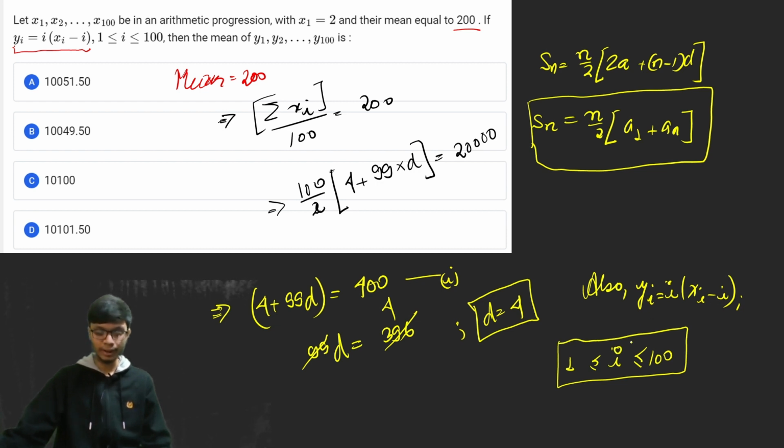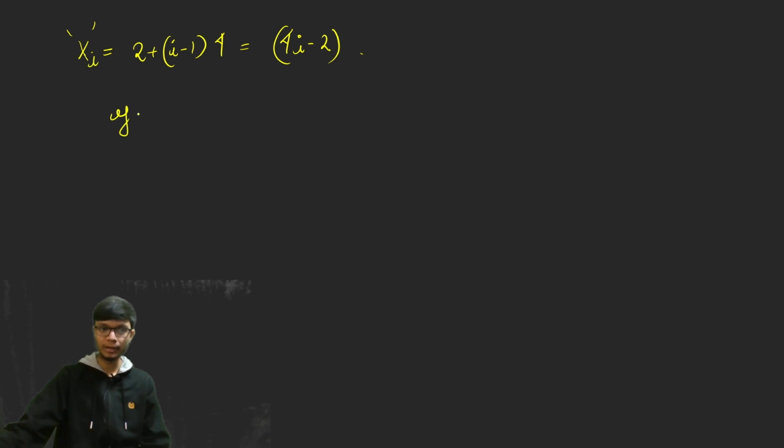Before writing yi, I can write xi, which is the ith term of an AP: first term 2 plus (i minus 1) into the common difference 4, which comes out as 4i minus 2. And from here yi will be equal to i multiplied by (xi minus i), that is i times (4i minus 2 minus i). If you do this simplification, this will come out as 3i square minus 2i.